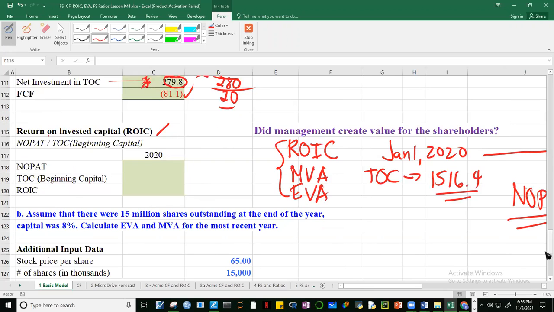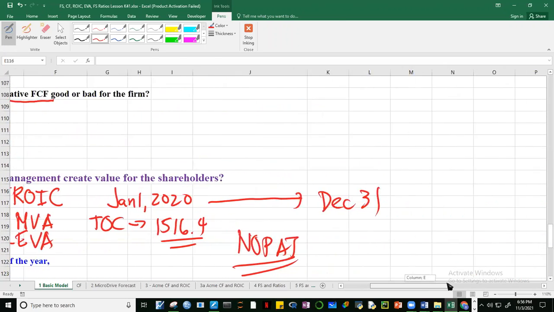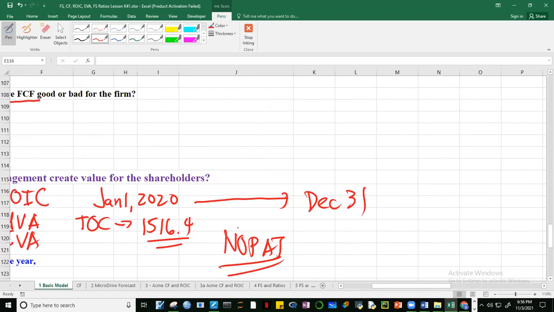It was 198.7 million. So this is our operating profit. And management was able to do this based on a TOC of 1516.4. So what's the value created?